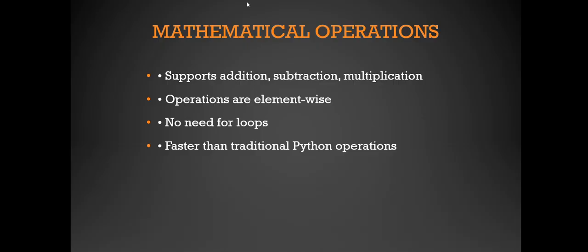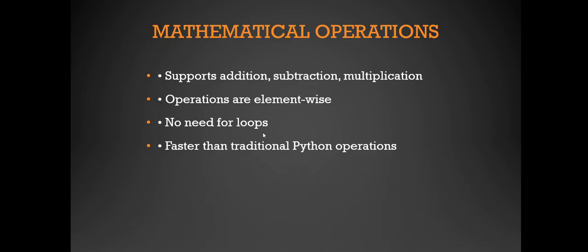And the next topic is mathematical operations. We have already seen you can perform any mathematical operation. We had looked into squaring, you can add, subtract, divide, and multiply. So every mathematical operation can be performed, and you don't need any loops.